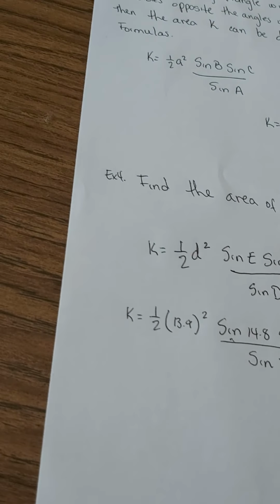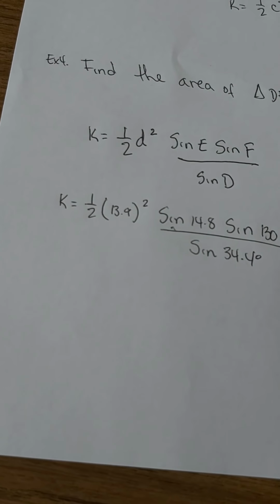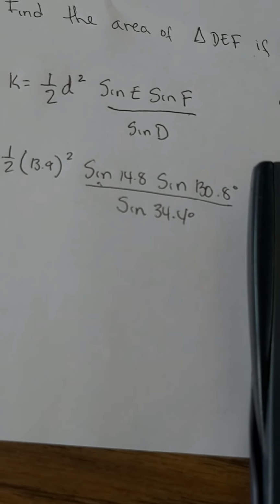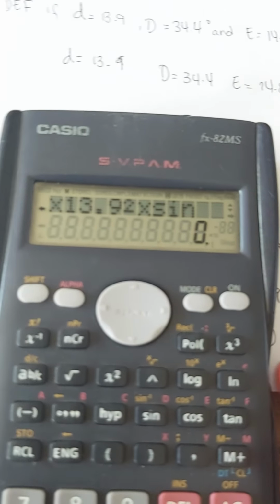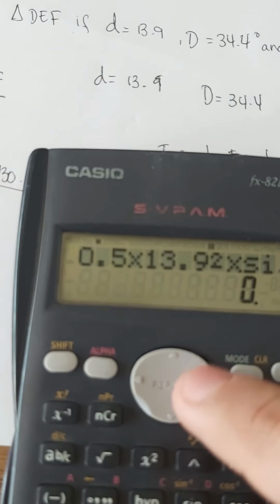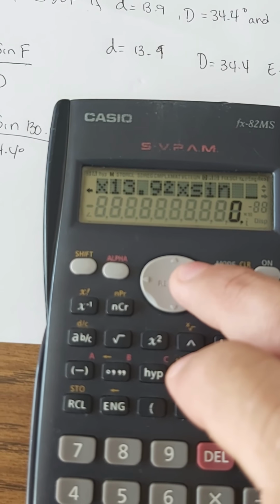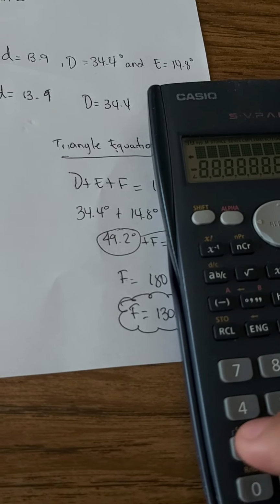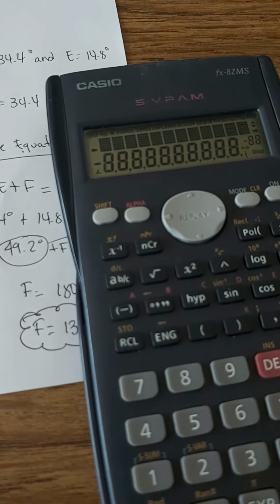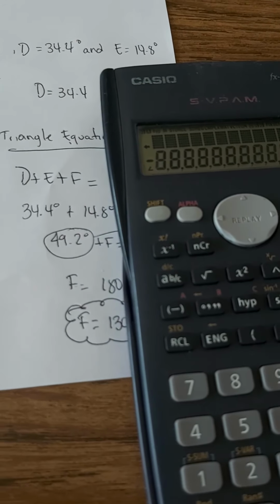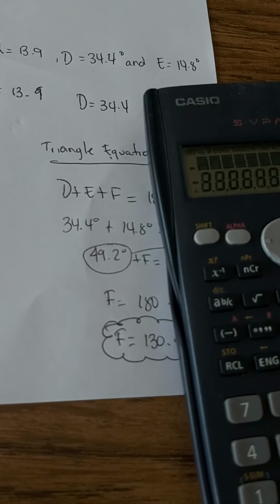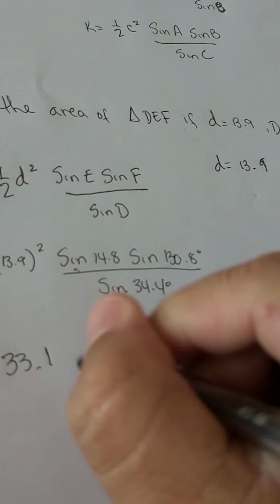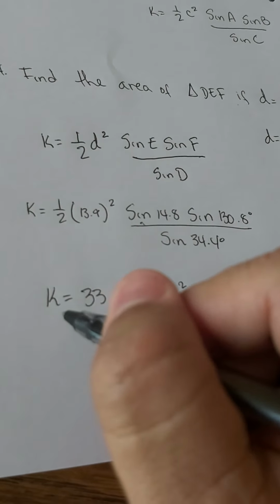Okay, so in our calculator, 0.5 times 13.9 squared times sine of 14.8 times sine of 130.8, that's equal, divided by sine of 34.4, and that's equal to 33.1. So K equals 33.1 square units.